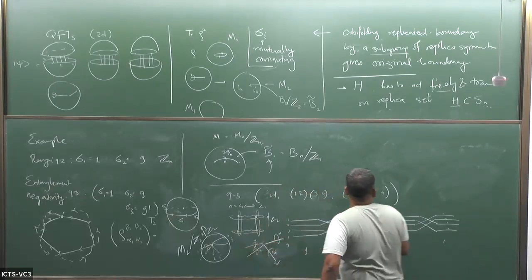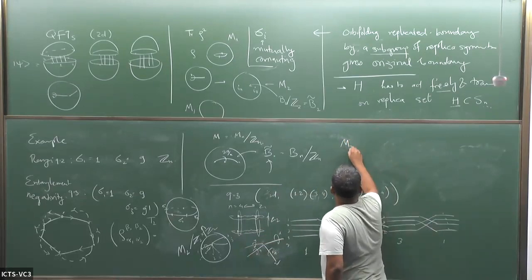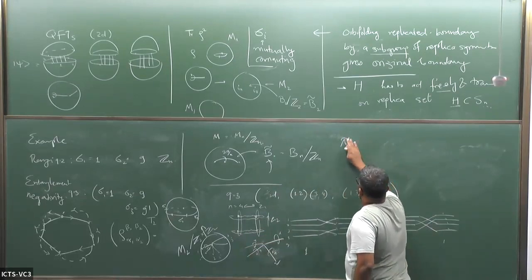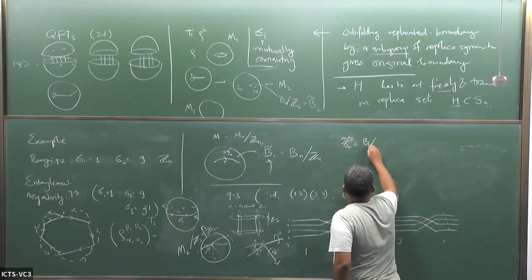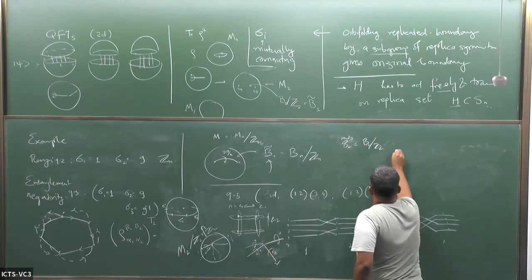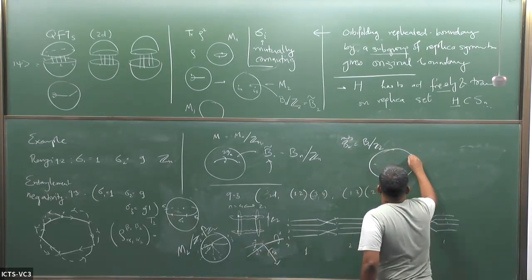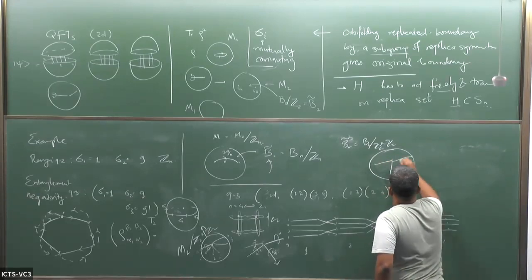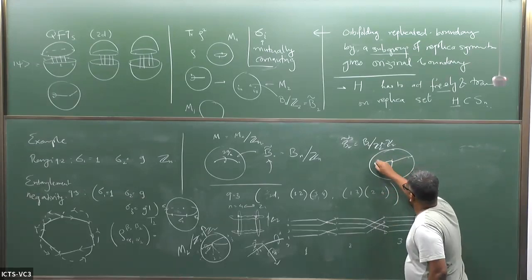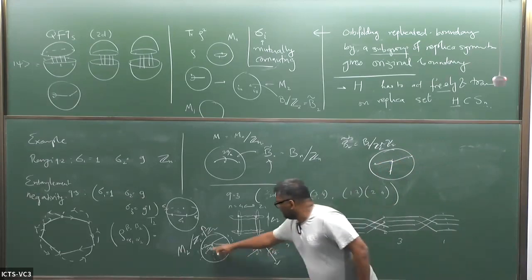So at the end of the day, when you get to the stage of B2 tilde, which is equal to B2 by Z2, you get this picture. In the bulk, you have 3 points again, back to the 3 points. Here you had 6 points.